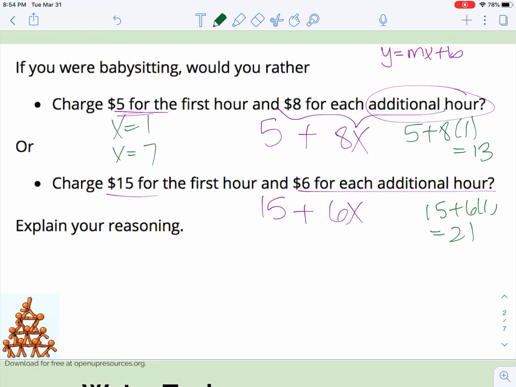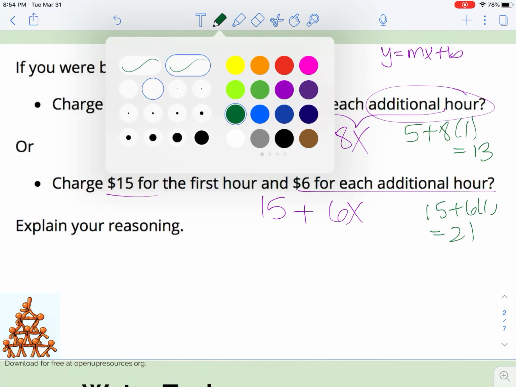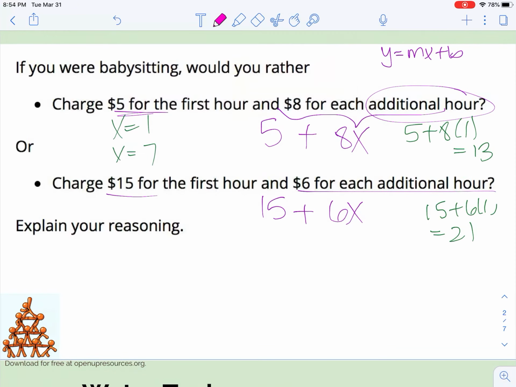But if I pick a bigger number, x equals 7, and I'll do this in a different color, I've got 5 plus 8 times 7, and down here I've got 15 plus 6 times 7. So I believe that's 42 plus 15, should be 52, plus another 57.